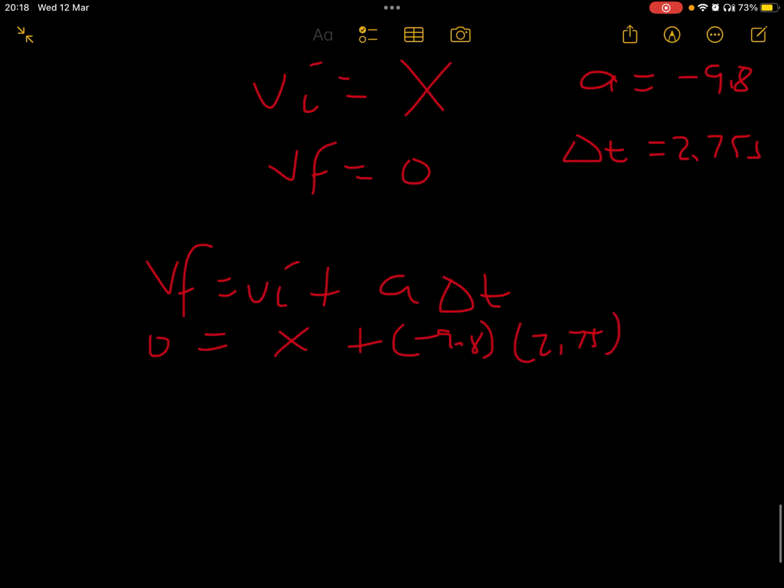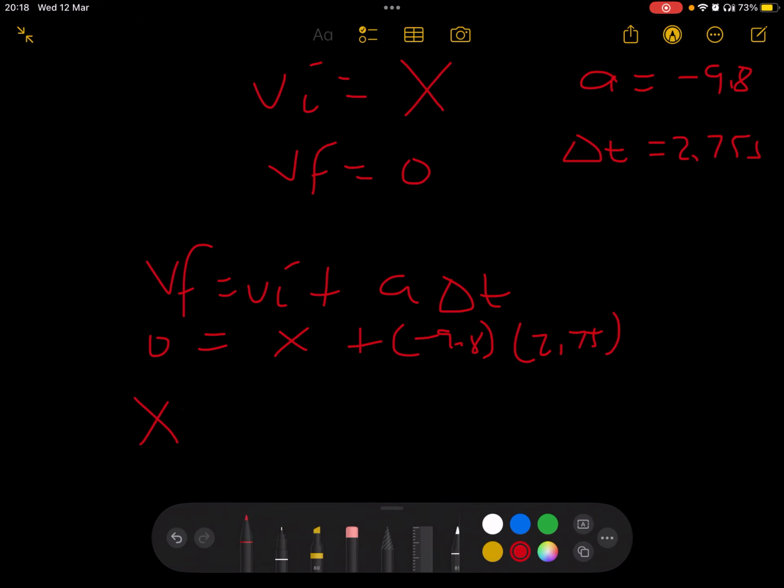Solving for x, we get 26.95, which makes sense, but x is actually negative 26.95, downwards.